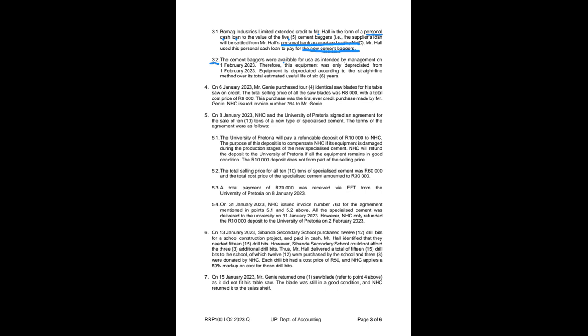Okay, the total selling price of all the saw blades was 8,000. So the total selling price of all the saw blades, he bought 4. So all 4 of them, if we added the selling price up of all 4 of them, we came to a total of 8,000 Rand. Okay, that's what this question is trying to tell us.